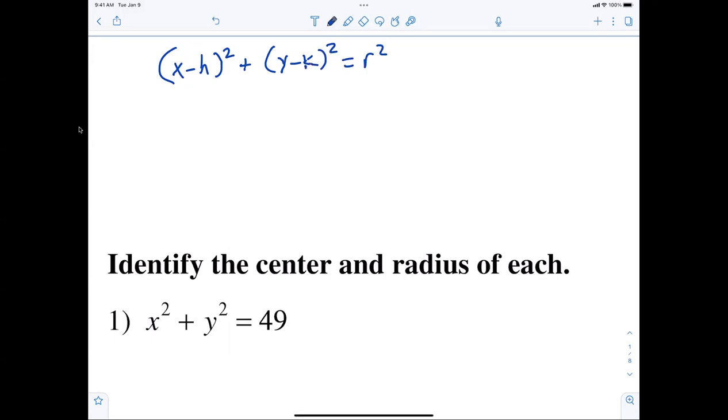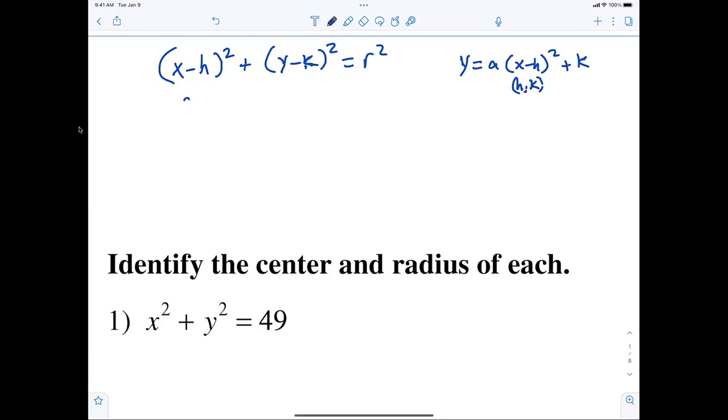Now, just like last year when we had the vertex form of a parabola, it was y = a(x − h)² + k. They use the same variables or constants to identify the center and to identify the vertex. If you recall, the vertex over here was (h, k).